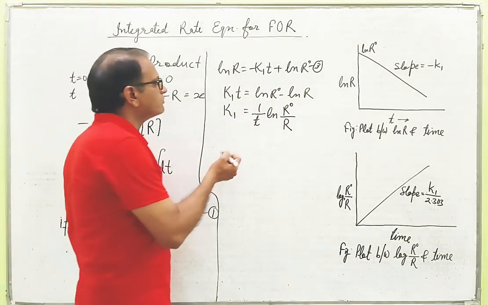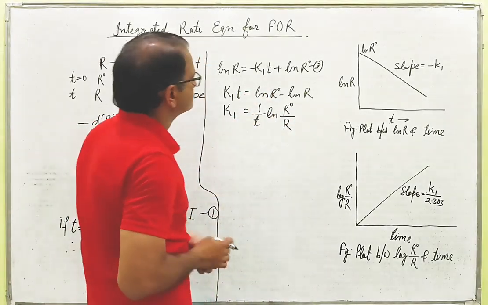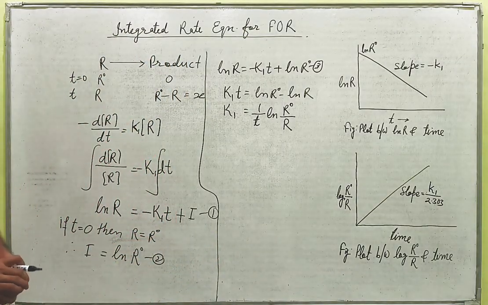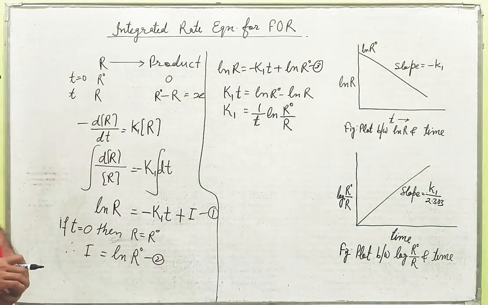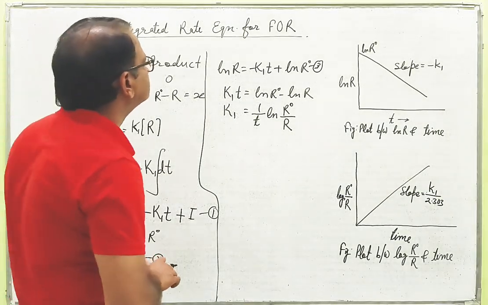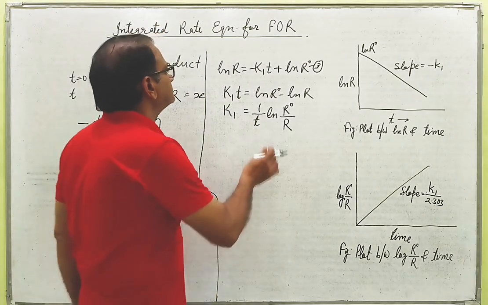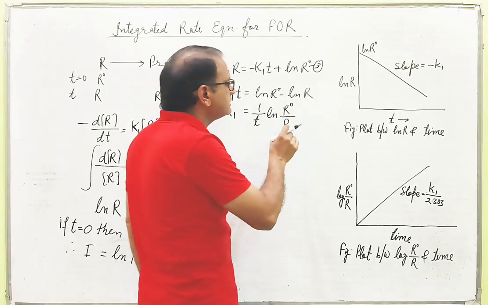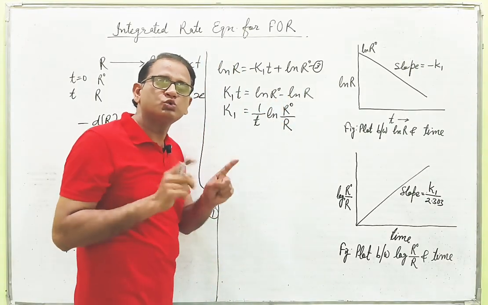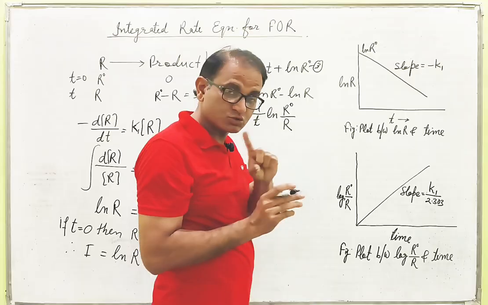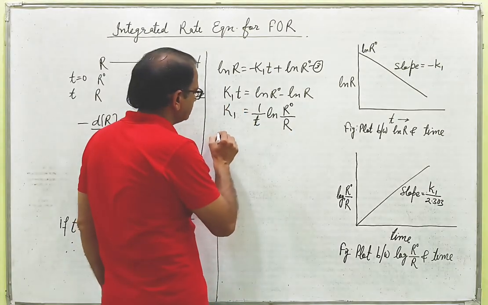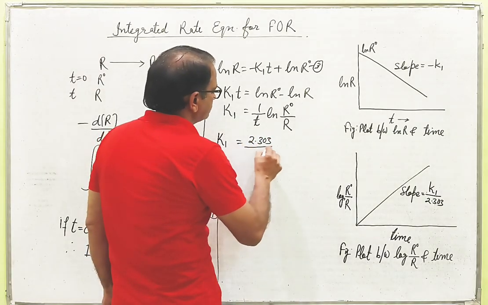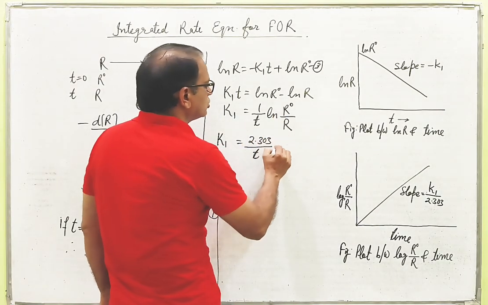Or if we convert this log natural into log base 10, then the value is multiplied with 2.303. Remember this, 2.303. So then k1 will be equal to 2.303 upon t log base 10 now.